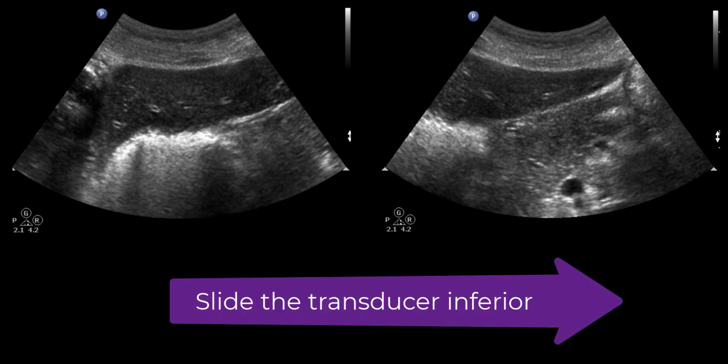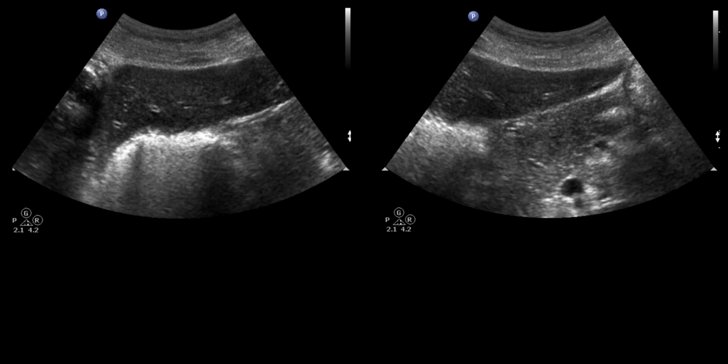You'll then slide directly inferior, staying in the same plane to show the inferior tip of the long left lobe at the lateral slice. So these images here are two separate images that have been taken, one a little bit more superior and then sliding inferior. Moving towards the patient's right, then we're going to stop at the long left lobe aorta level.